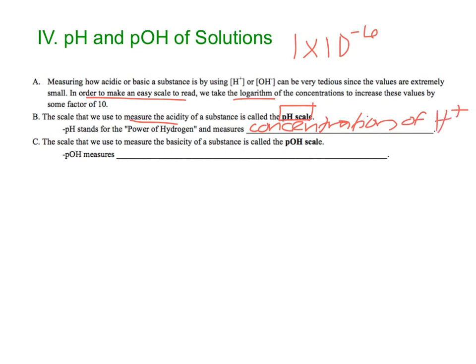The scale that we use to measure how basic something is called the pOH scale. And so remember, bases typically have hydroxides in them, so they would focus on the concentration, or how much you have, of the hydroxide amount.